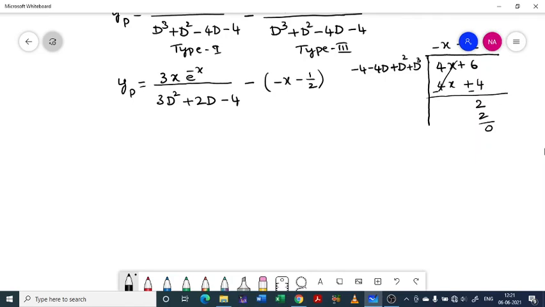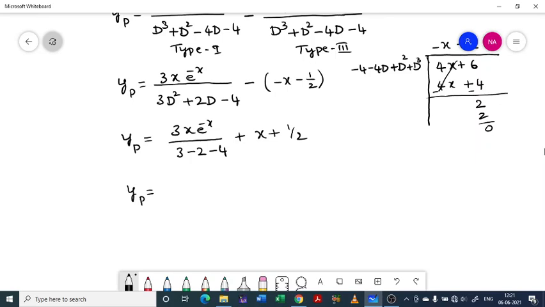So you get -x - 1/2. By replacing D by -1 in the first term, yp will be 3x e^(-x) divided by 3 - 2 - 4. Taking the minus inside, it will be plus x plus 1/2.